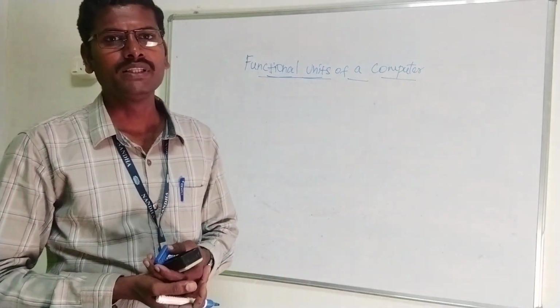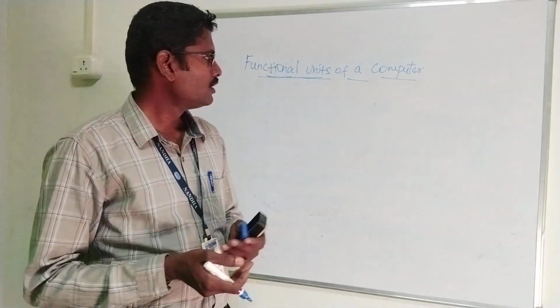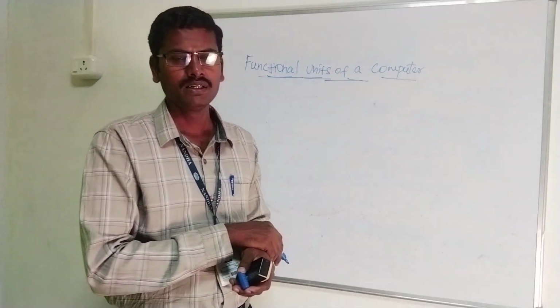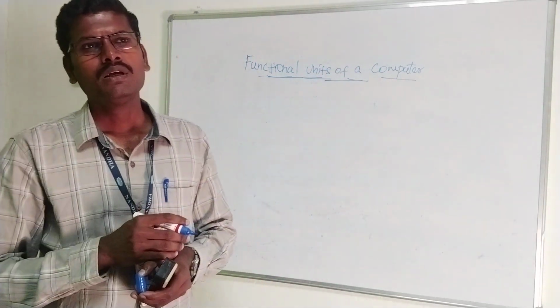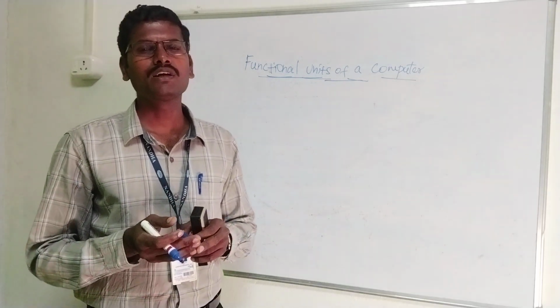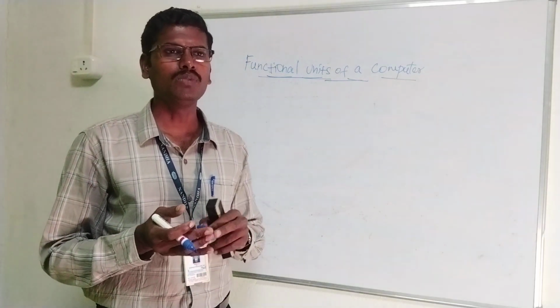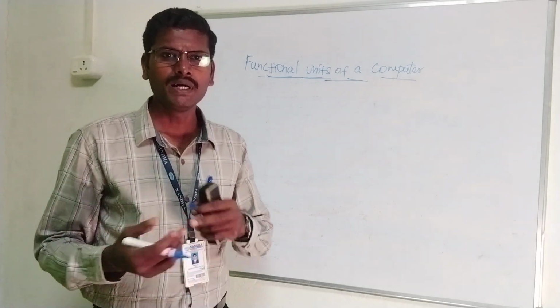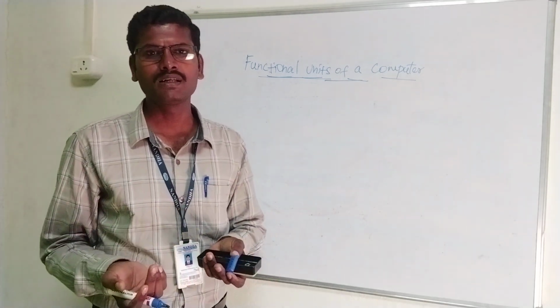Hi everyone. So in this video we are going to discuss functional building blocks or functional units of a computer, right? As we already know, the computer has physical components like mouse, keyboard, CPU, monitor, printer, microphone, speaker, right?